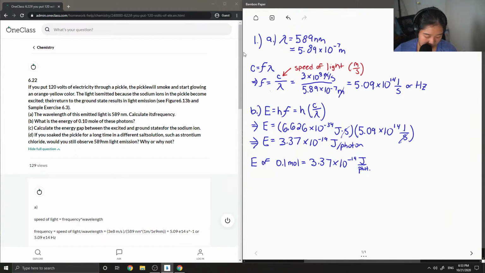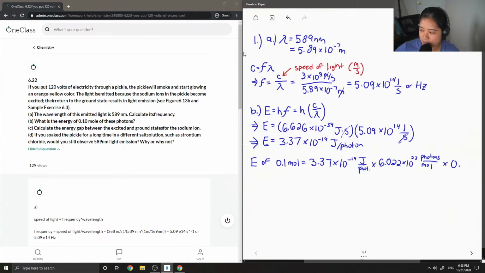And then I'm going to multiply by Avogadro's number. So every time you have moles involved and they want to find out how many particles, or if you have the number of particles or photons and you want to convert to moles, you want to use Avogadro's number. And the units for this is photons per mole.